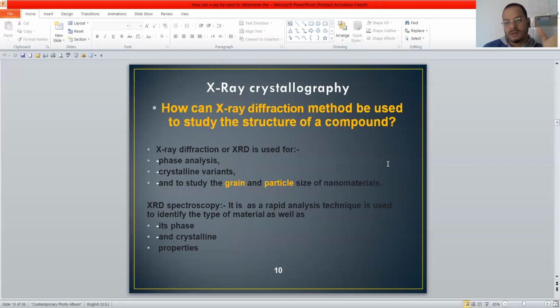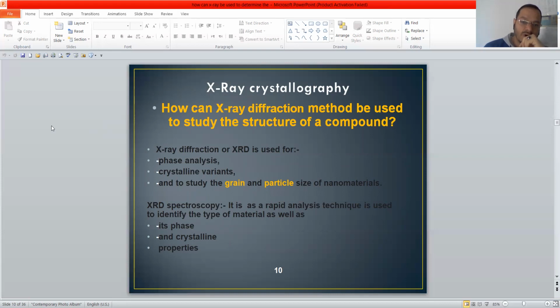How can the X-ray diffraction method be used to study the structure of a compound? Now here we're going deeper into the information. Let's see how this process works.